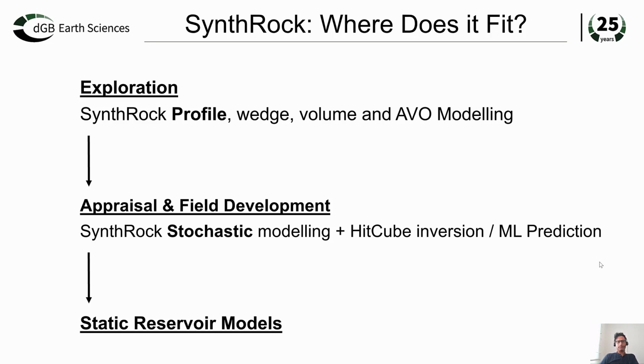And the more advanced stochastic module can be used at a later stage of appraisal and field development when you have more data about the reservoir to perform a sophisticated pseudo-well stochastic modeling, succeeded by HitCube trace matching inversion or machine learning prediction or machine learning inversion to create rock property probability volumes, which can in the end be used to create various static reservoir models.